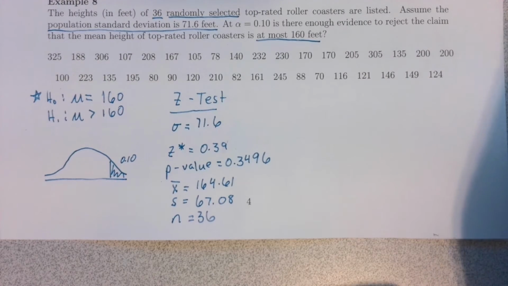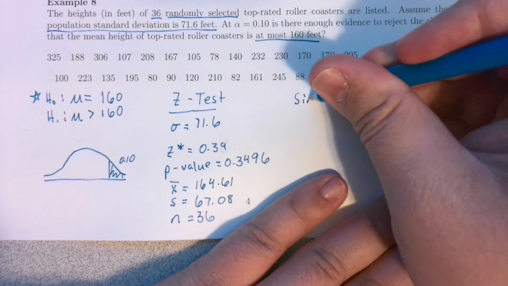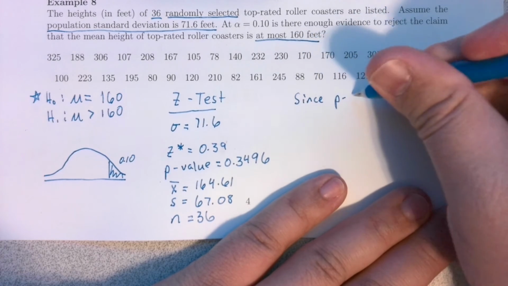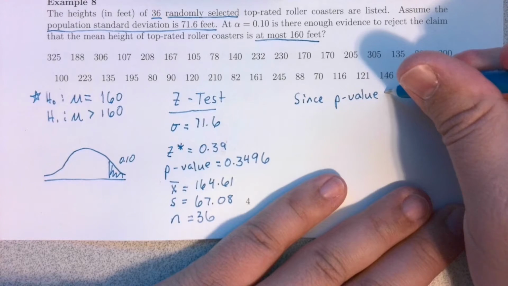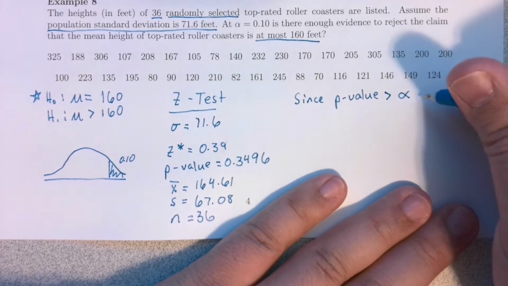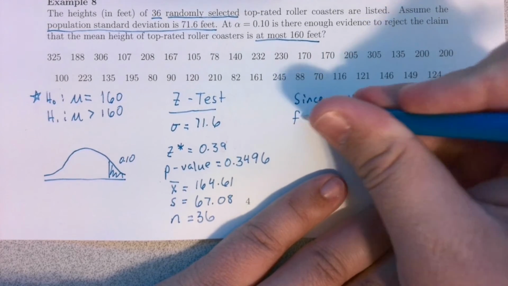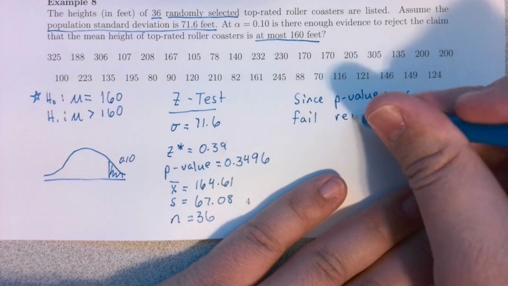I'm just going to use the p-value method again. So since the p-value is greater than alpha again, we fail to reject the null.